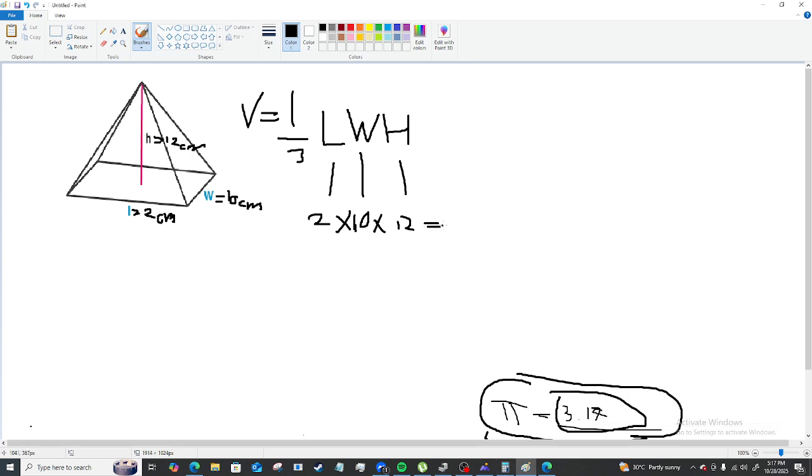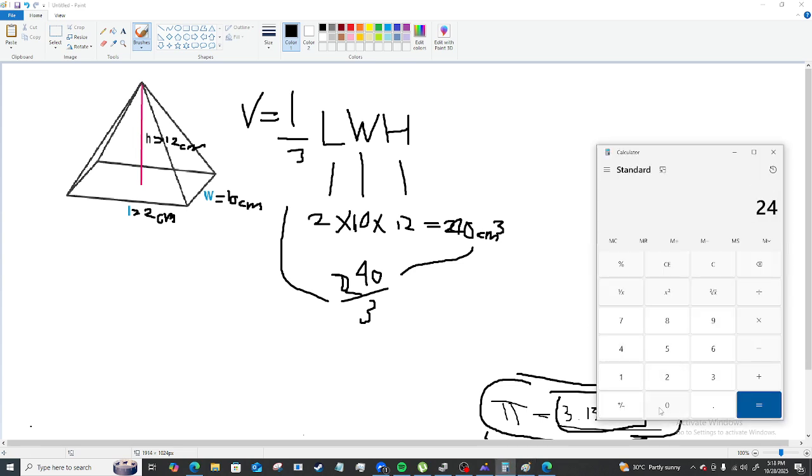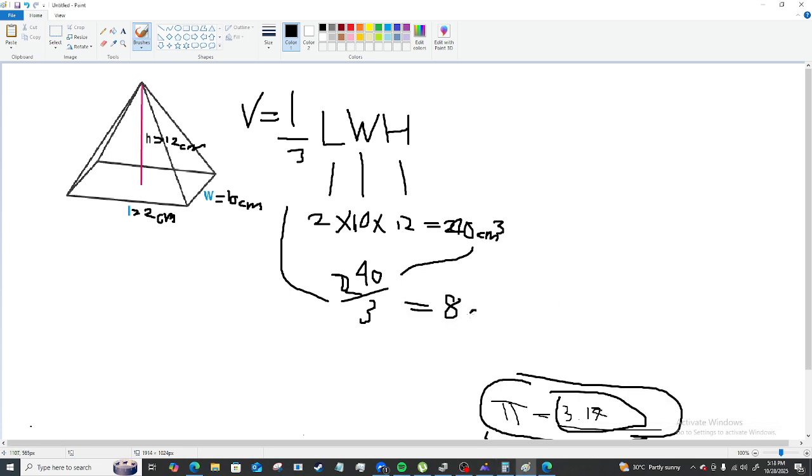It's 240 centimeter cube. 240 divided by 3 equals 80 centimeter cube. This is our answer in the rectangular pyramid.